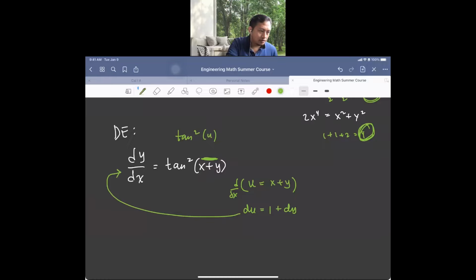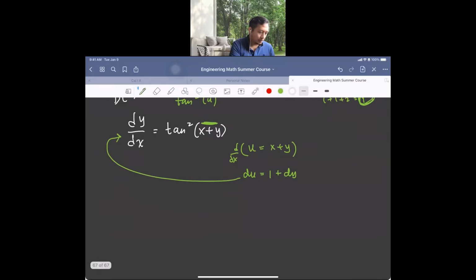And another thing, for example, another differential equation, dy/dx = 2 + square root of (y - 2x + 3).